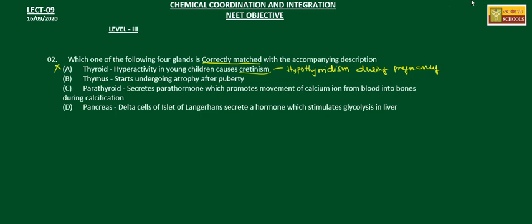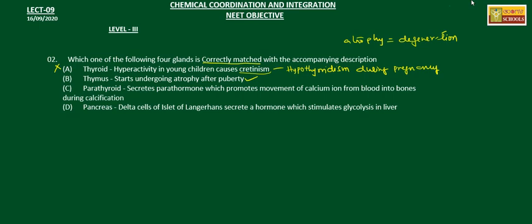The next one, the thymus starts undergoing atrophy after puberty. Atrophy means degeneration, so degeneration of the thymus gland takes place after puberty. Yes, this is a right match. Then the parathyroid gland secretes parathormone, which promotes movement of calcium ions from blood into bones.